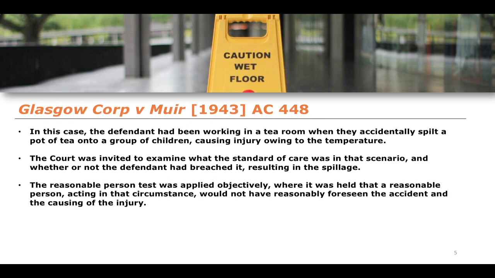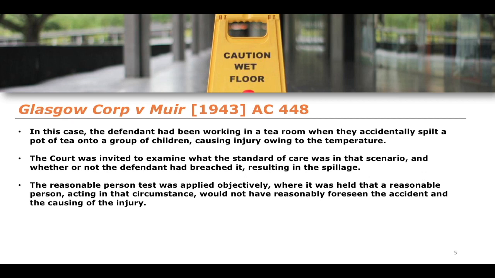Now, the reasonable person test, as established in the previous case, was applied objectively, and it was held that a reasonable person, acting in the circumstances that the defendant had been acting in, would not have reasonably foreseen that the accident could have happened or would likely have happened, and as a result would not have reasonably foreseen that there would have been a cause of injury.